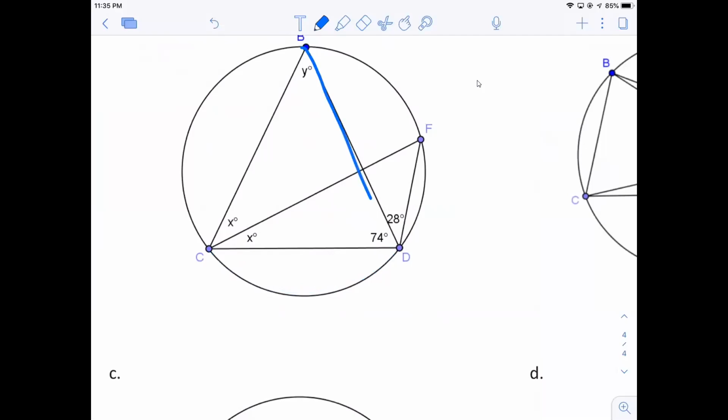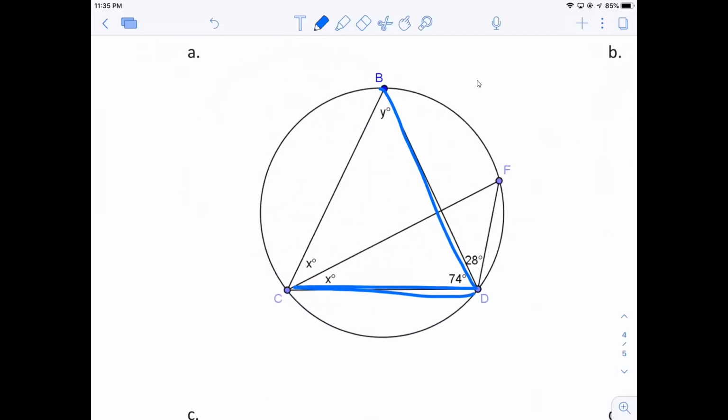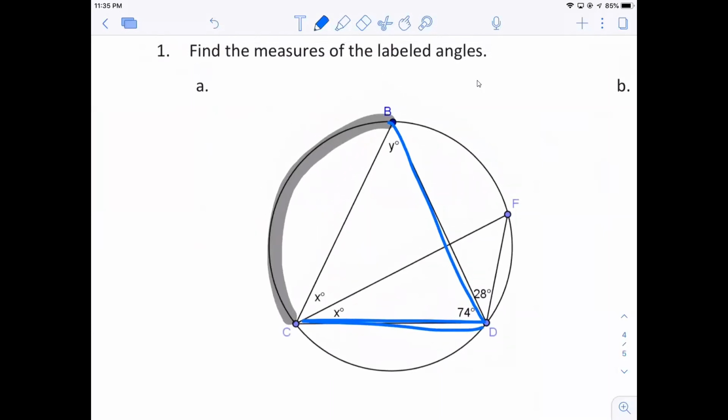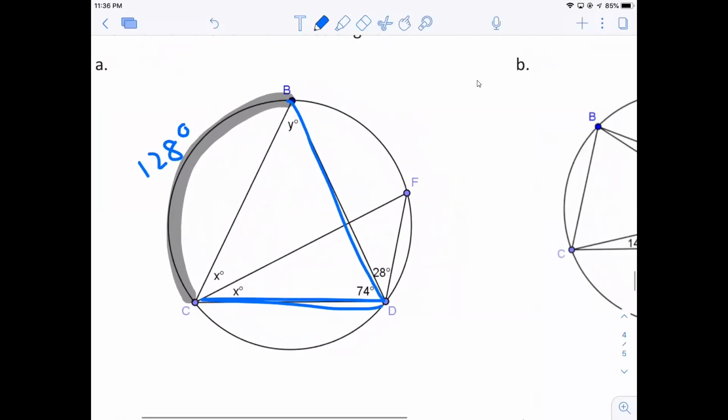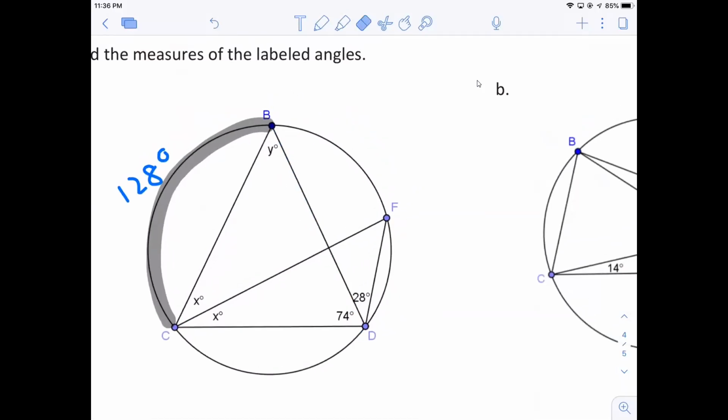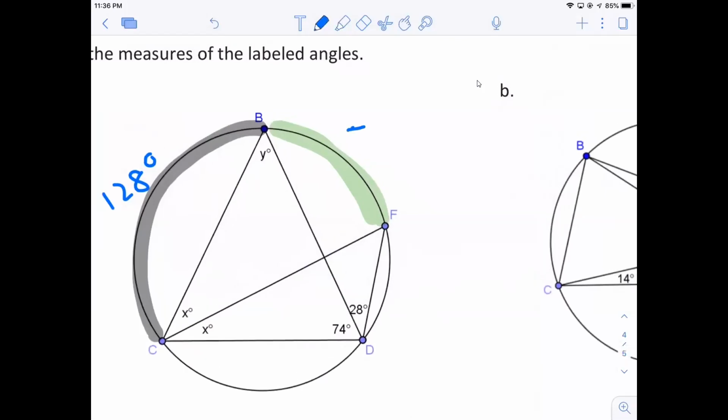I see an inscribed angle here at 74 degrees, which would make the measure of arc BC here twice 74, or 128 degrees. Aha, I see another inscribed angle, BDF, which means the measure of the arc it intercepts, BF, is going to be 2 times 28 degrees, or 56 degrees.